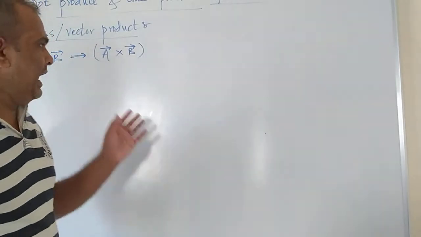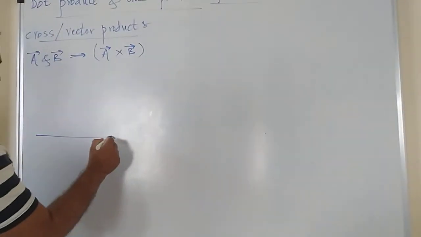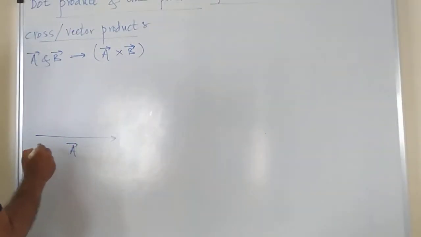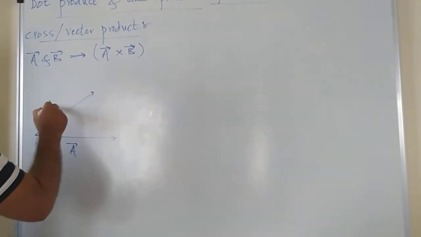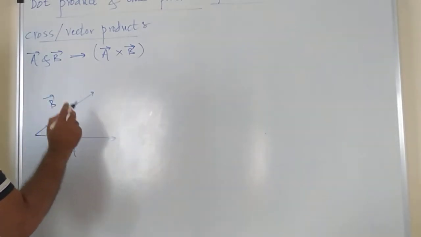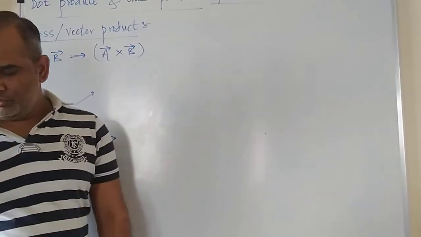Got it? And let me draw the diagram of two vectors. A bar and B bar are the two vectors, and theta is the angle between the two vectors.